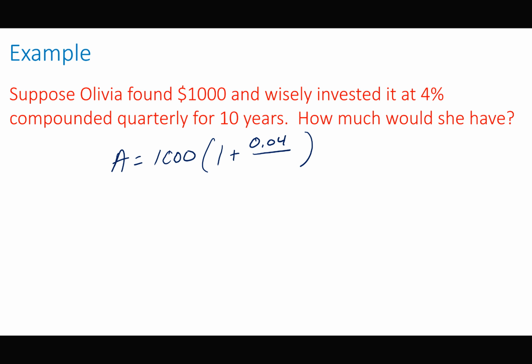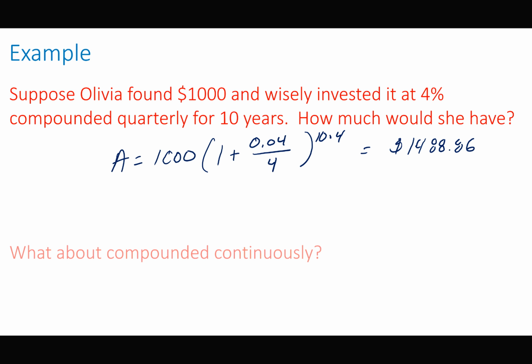What's going to be my N value on this one? 4. Okay, compounded quarterly, 4 times per year. So 4 is my denominator on this. And then 10 times 4 up here in the top. And we end up with $1,488.86. Okay, so that $1,000, set it aside 10 years later, getting $488 without even having to do anything.